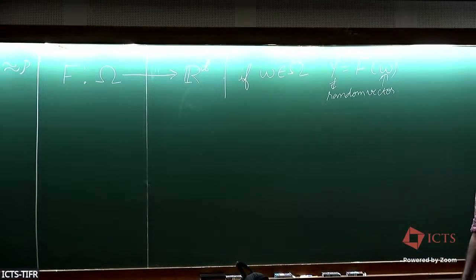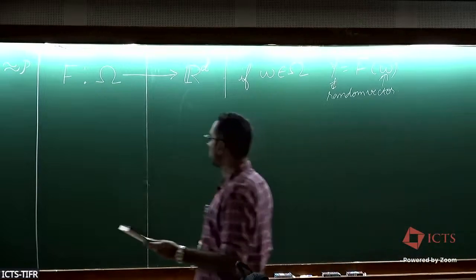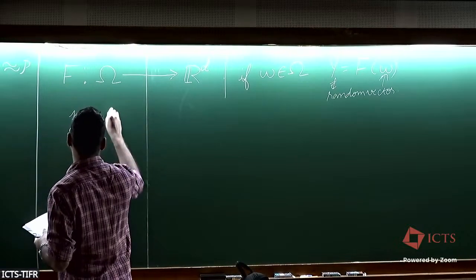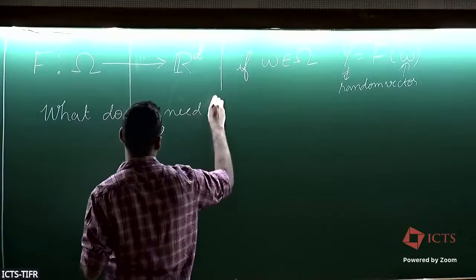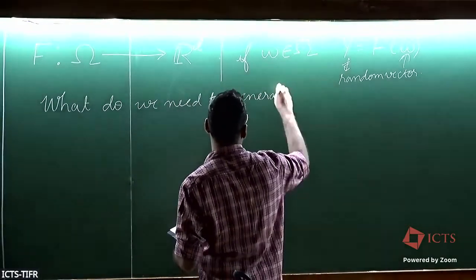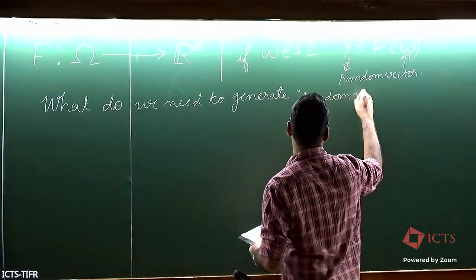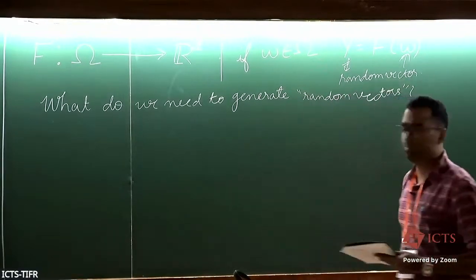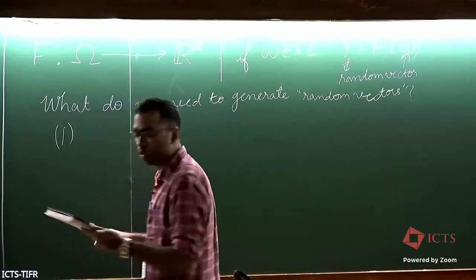Okay, so now let's ask the question, what do we need to generate randomness? Okay, so the first thing is we need a source of randomness, that is omega.